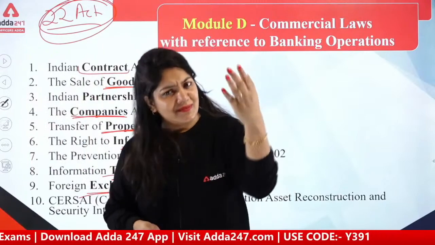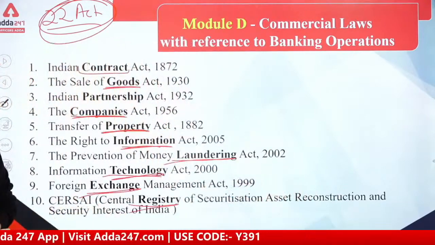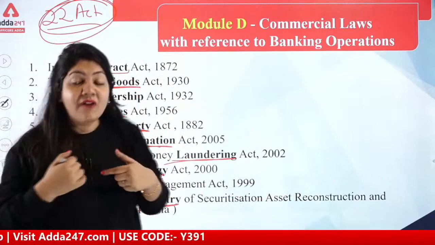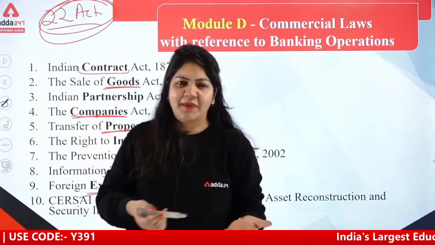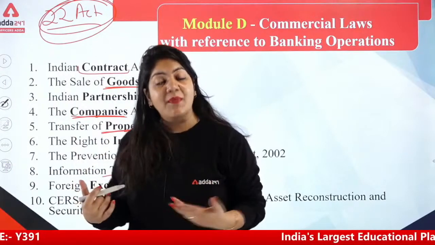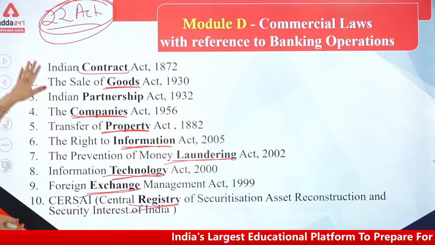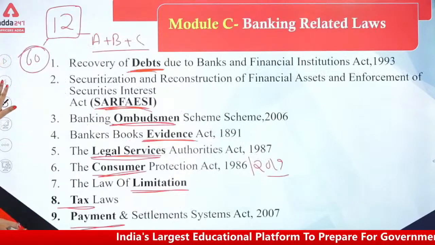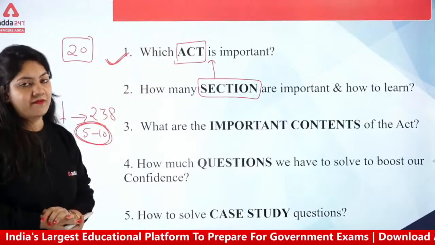But for this exam, JAIIB, you only have to learn 22. And in our graduation, we used to learn all the sections because we had to write subjective answers. But in your exam, only objective questions will come. So these 22 acts you have to learn for this particular paper.